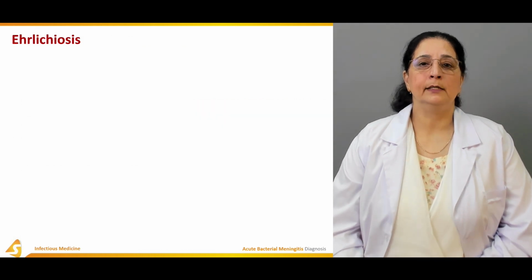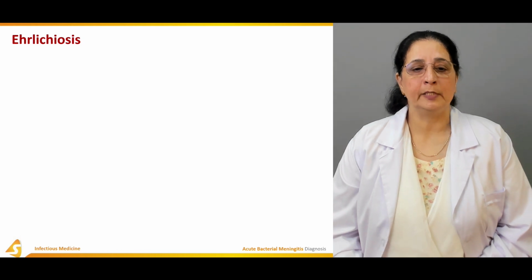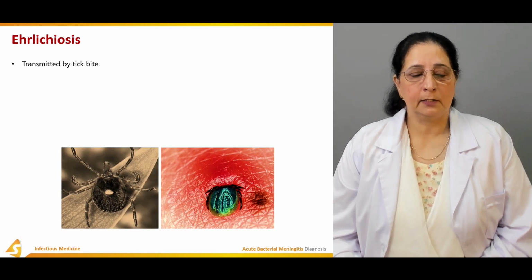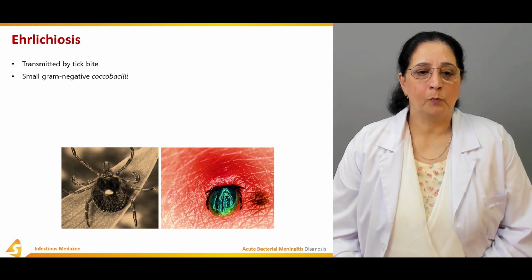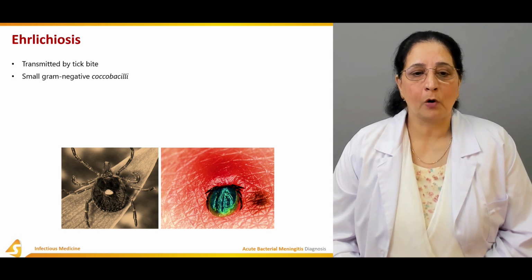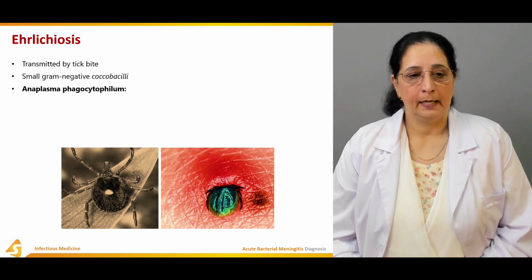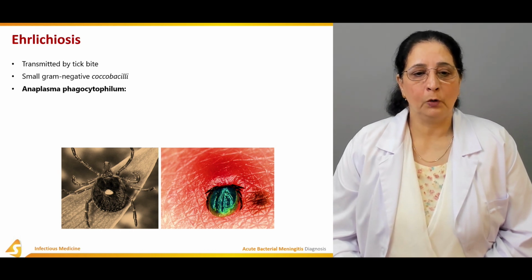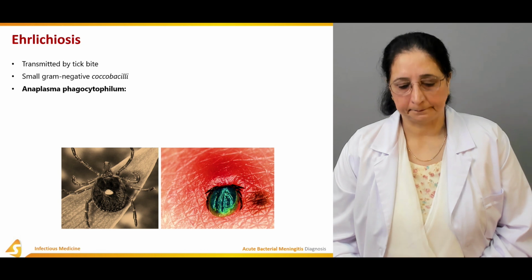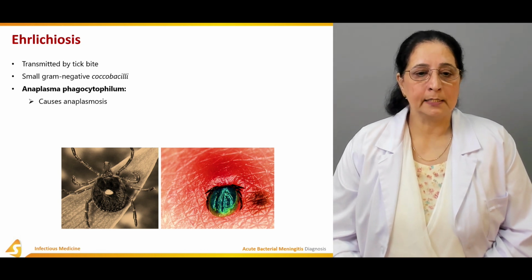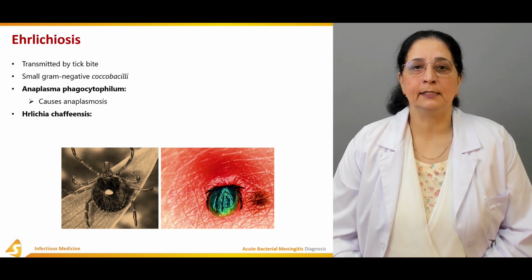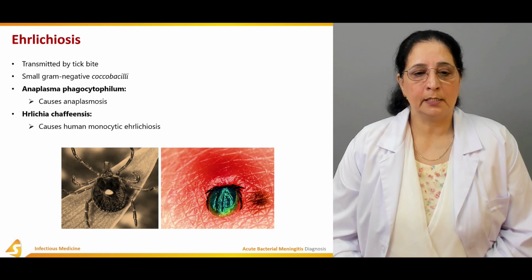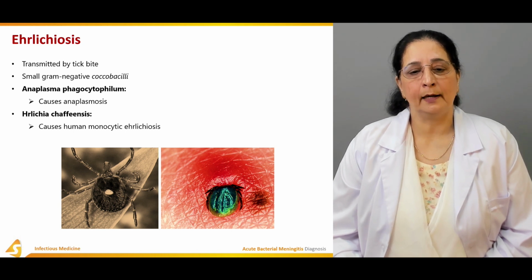Then we have another condition, ehrlichiosis. This is also transmitted by tick bite, caused by small gram-negative coccobacilli. Anaplasma phagocytophilum causes anaplasmosis. Then we have Ehrlichia chaffeensis, which causes human monocytic ehrlichiosis.